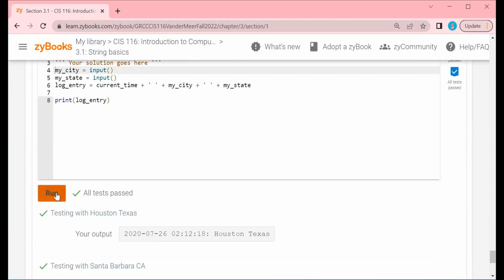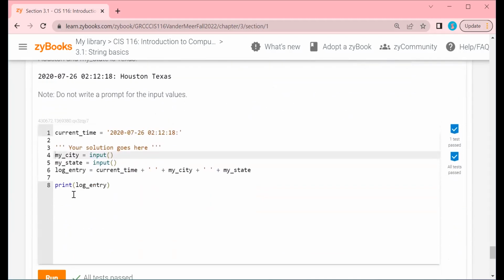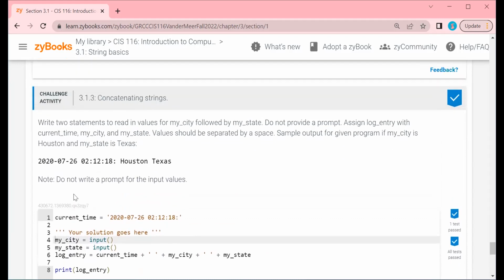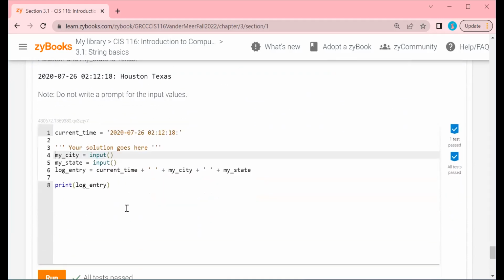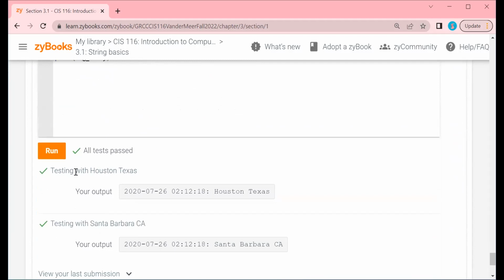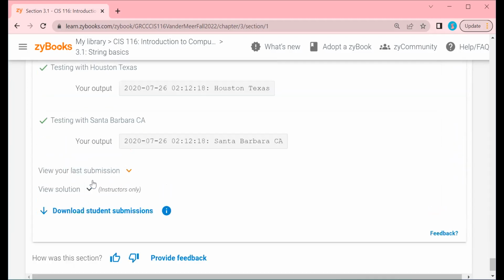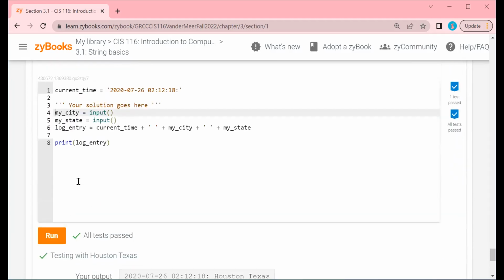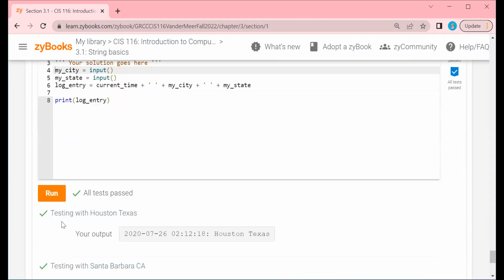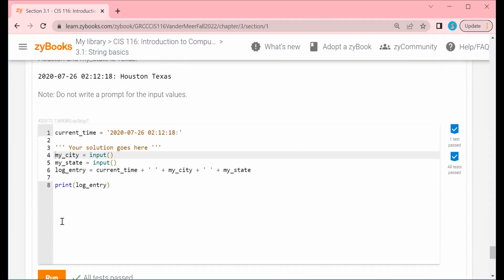It just tests it for you. Right. So it goes back to chapter 1. I don't know why there's no, oh, maybe because we're in the challenge and not in the labs. Yeah, most of the labs actually have the option to enter a prompt.